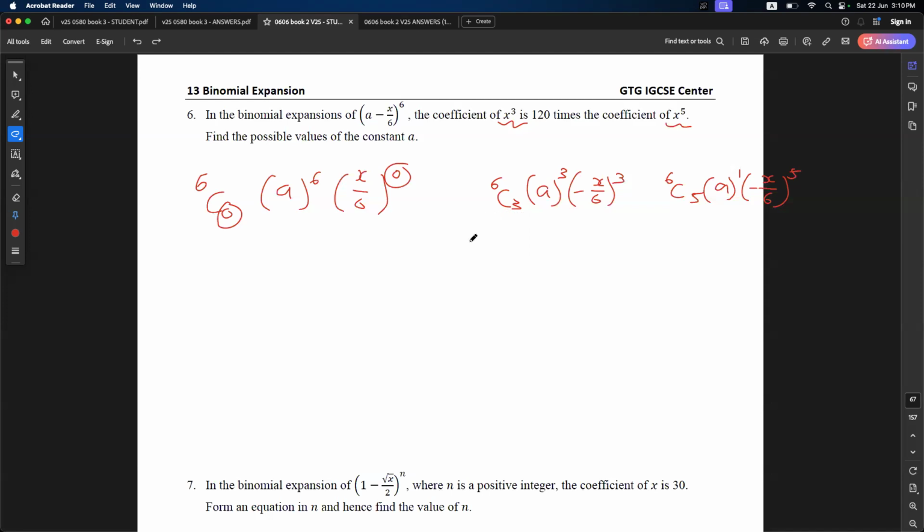120 times also. How much is 6C3? 6C3 is 20.